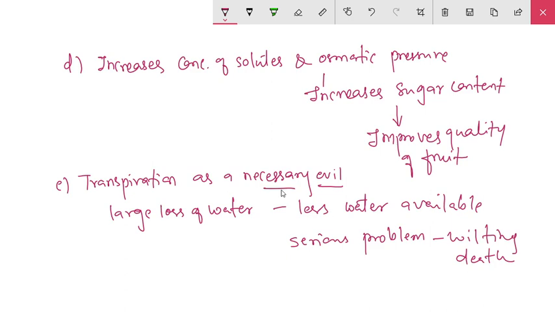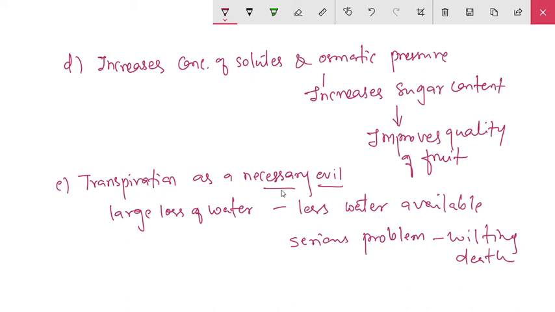Today we have discussed the factors affecting the rate of transpiration. The external factors: temperature, light, atmospheric humidity, atmospheric pressure, water content of the soil, and air currents. Then the internal factors: size of the leaves, cuticle or wax coating, trichomes, number and size of the stomata per unit area, water content of the mesophyll cells, and the root-shoot ratio.